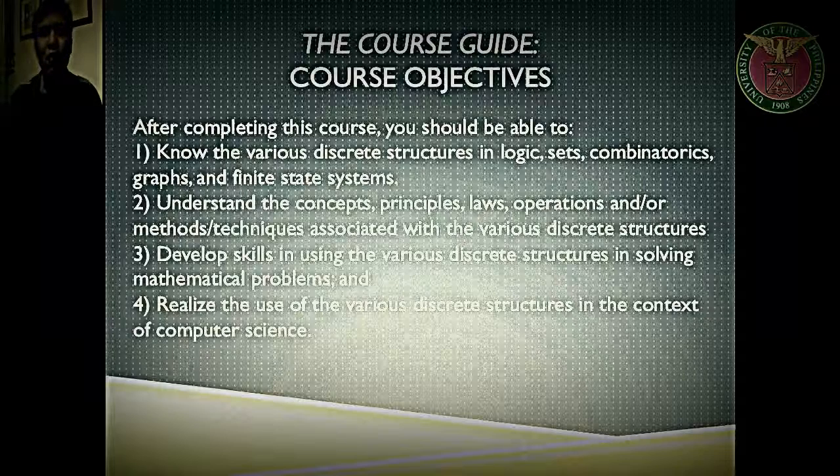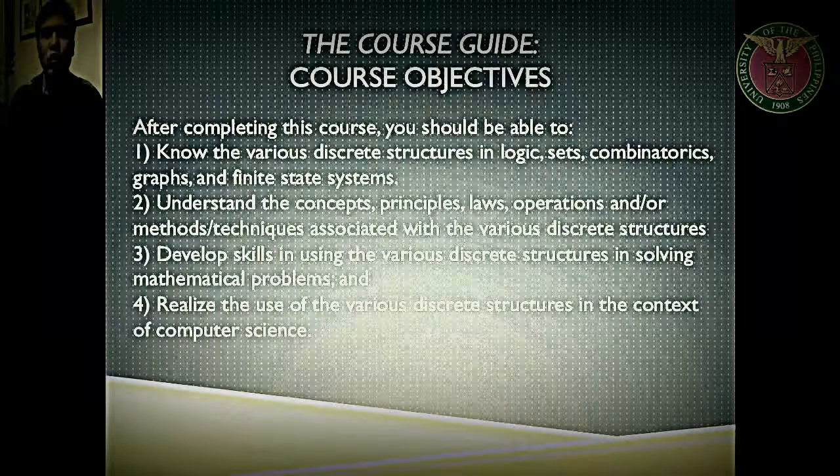First, let's talk about the course objectives. At the end of this course, we are expecting you to know the various discrete structures in logic, in sets, in combinatorics, in graphs, and in finite state systems. We also want you to understand the concepts, the principles, the laws, the operations, methods, and techniques associated with the various discrete structures that we'll be talking about.